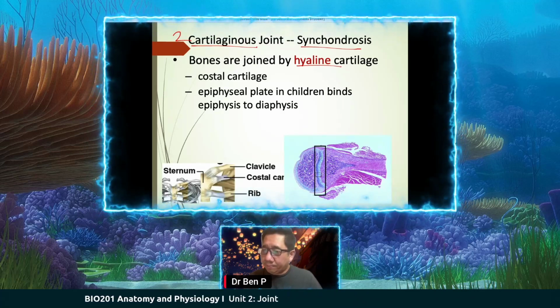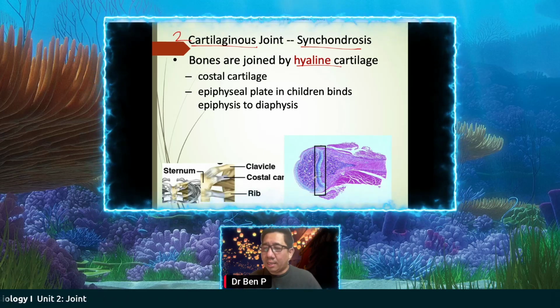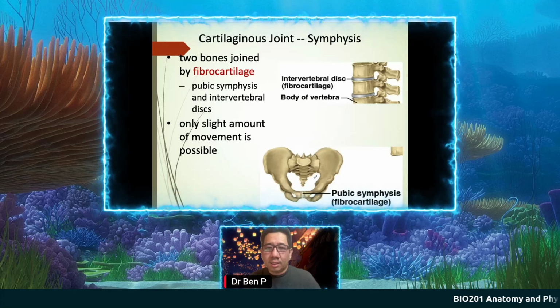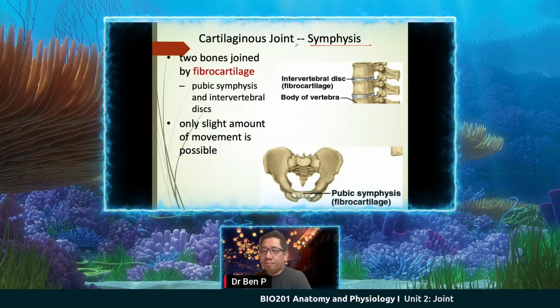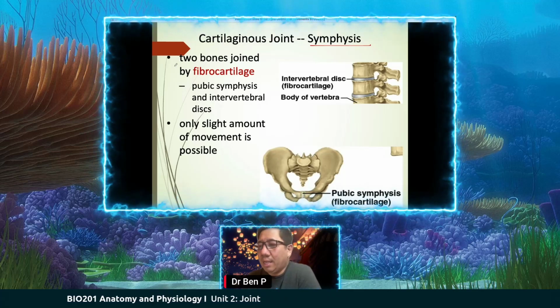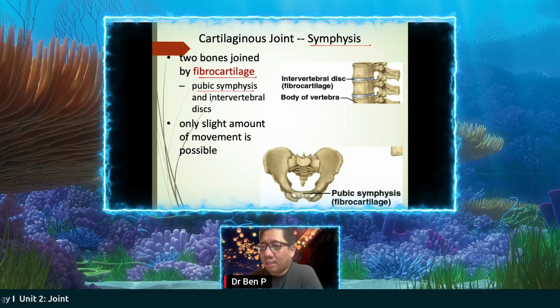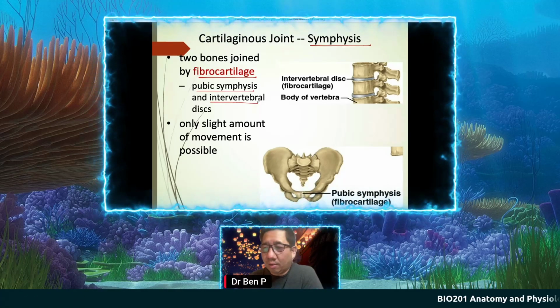That's where the bone comes together with hyaline cartilage. That's synchondrosis. The next one is the symphysis, still under cartilaginous joint. This one has fibrocartilage, like your pubic symphysis and your intervertebral disc, which use fibrocartilage joints.